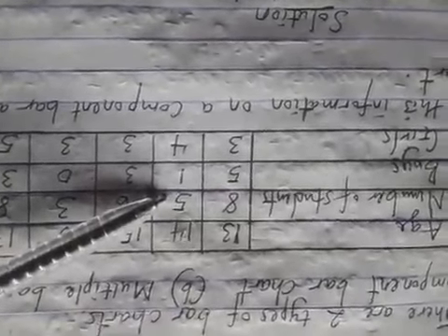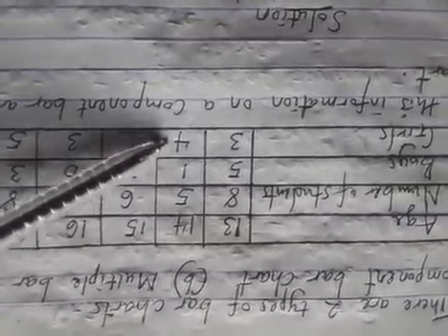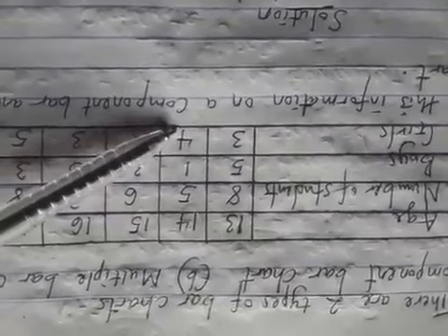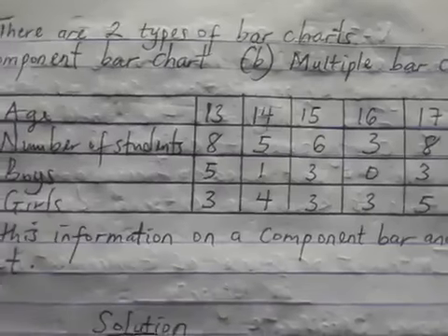Looking at this number of students, 8 now. Out of this 8, the number of boys there are 5. The number of girls there are 3. This one also 5. The number of boys there are 1, and the number of girls there are 4, so on and so forth.